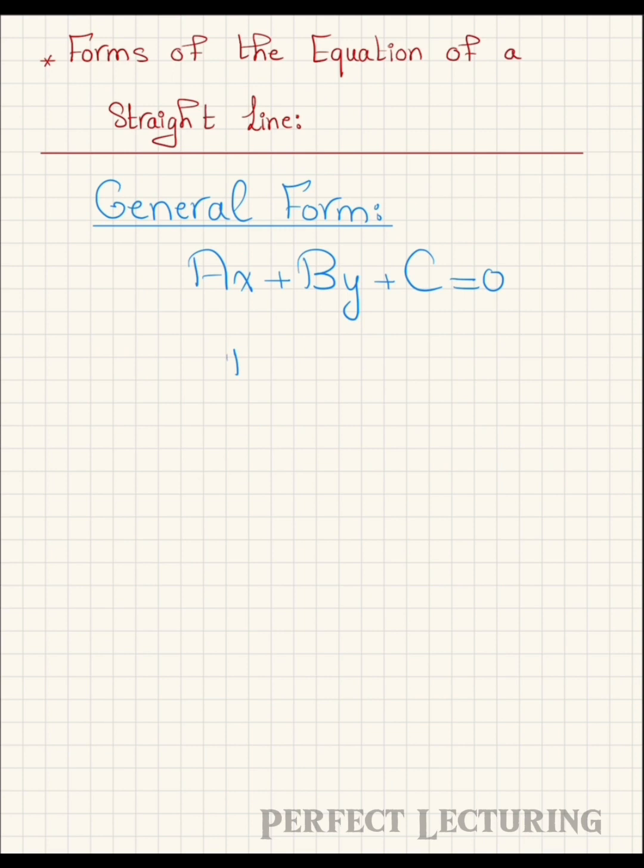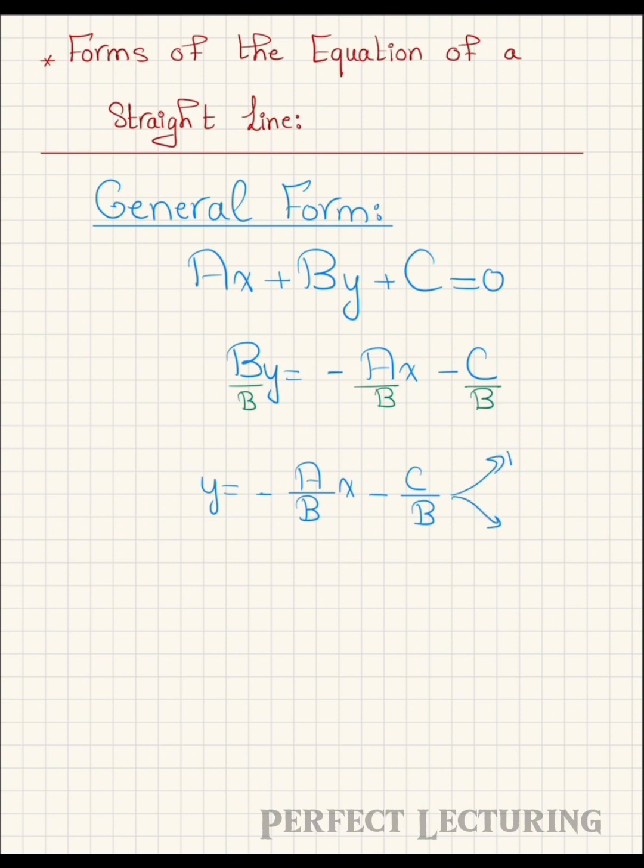So this becomes by equals negative ax minus c. Then we divide all the terms by b in order to isolate the y. So we get y equals negative a over b times x minus c over b. This means that the slope is negative a over b and the y-intercept is negative capital C over capital B.